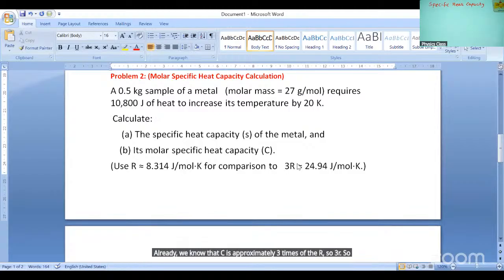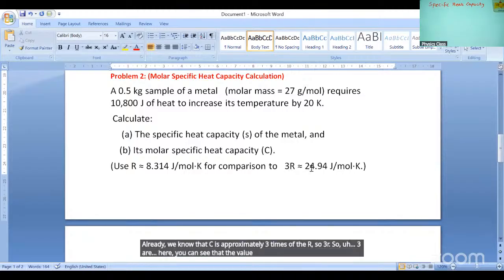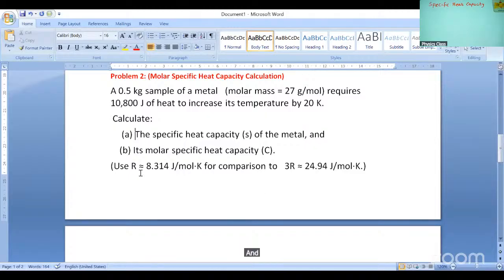So 3R, here you can see, is approximately 24.94 joule per mole Kelvin, already we know that is about 25, with the universal gas constant value 8.314. Clear? So we have the 0.5 kg sample, molar mass, heat energy in joules, and temperature.